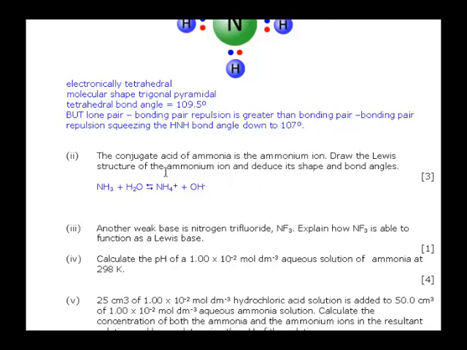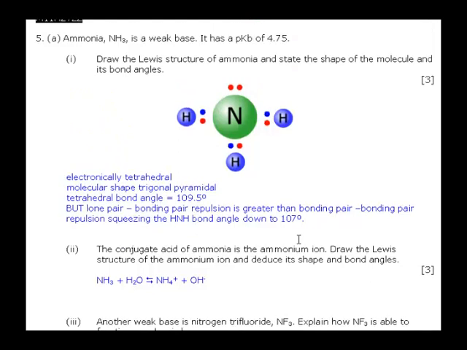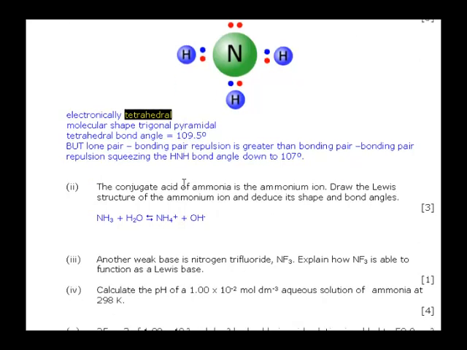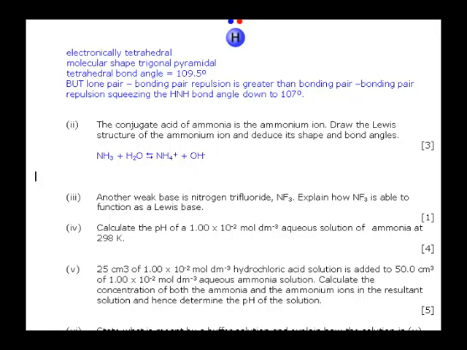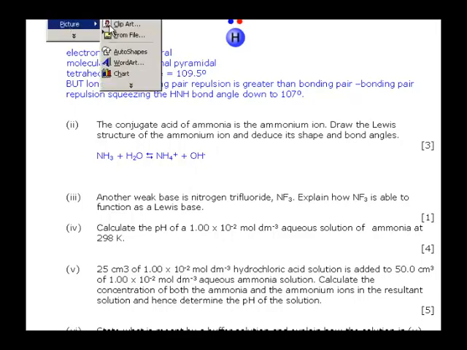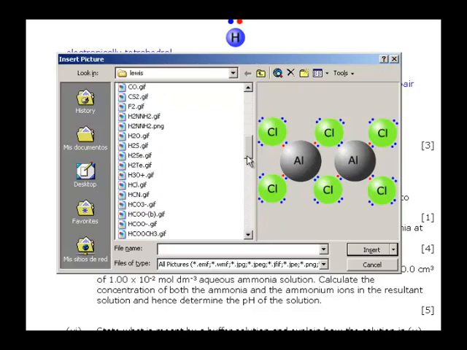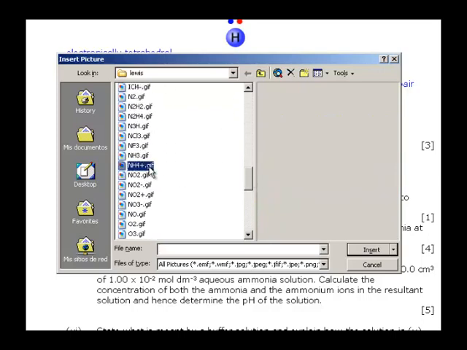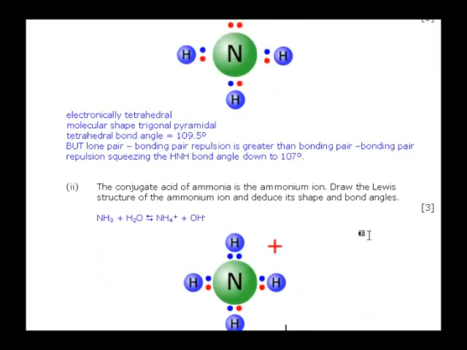Now we're asked to draw the Lewis structure of the ammonium ion and deduce its shape and bond angles. Okay, well, let's go to the original shape. If we capture a hydrogen ion, it's going to be captured by this lone pair of electrons. So we're going to get the electronically tetrahedral shape, which will then become the shape of the ion. Let's insert a picture from the file, NH4 plus, and you see it's exactly what's happened.